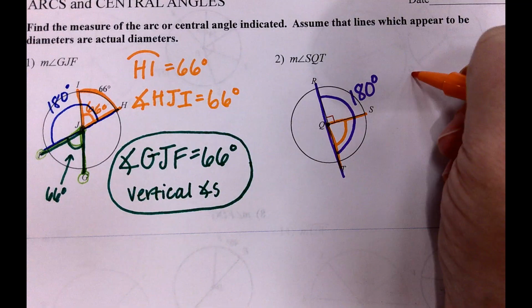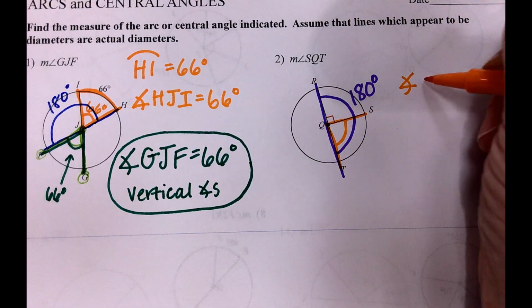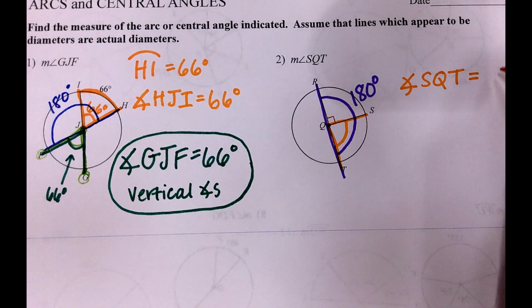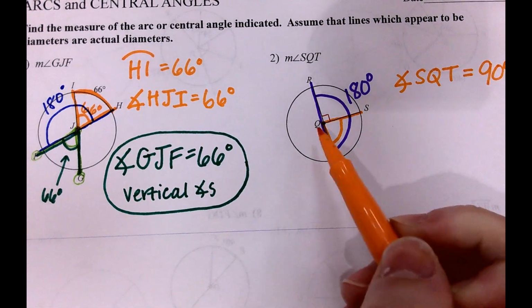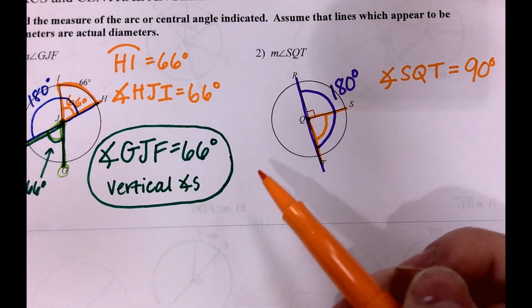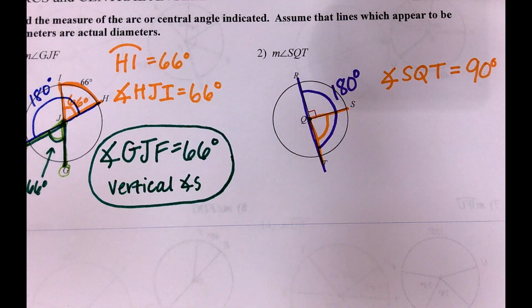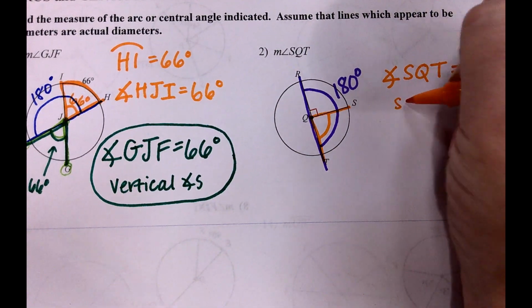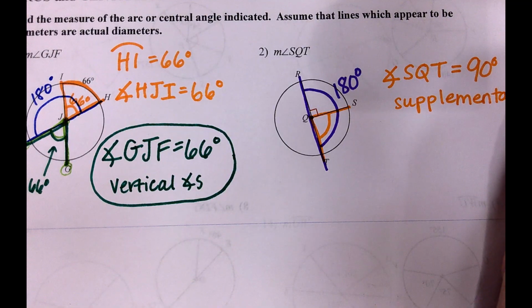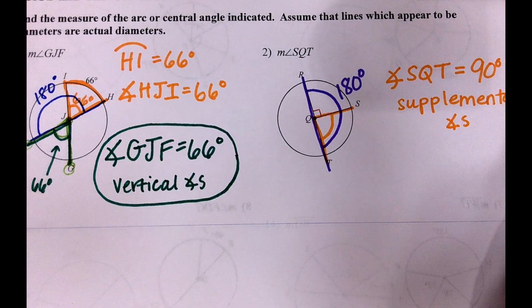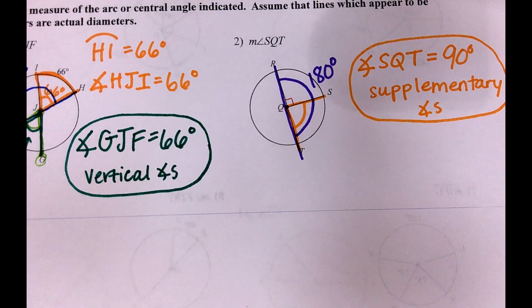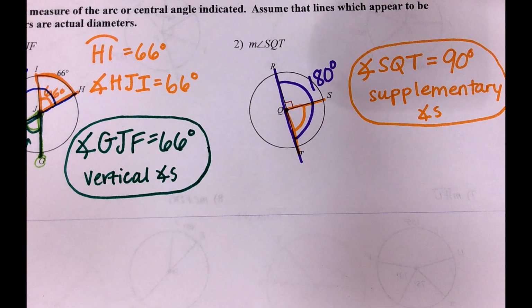So angle SQT is 90 degrees because it is a supplementary angle. They add up to 180. They form a straight line. So there is number two.